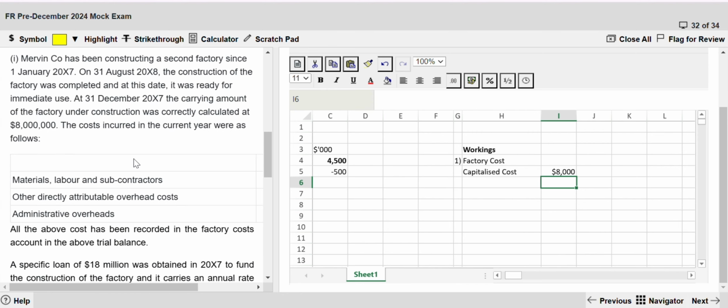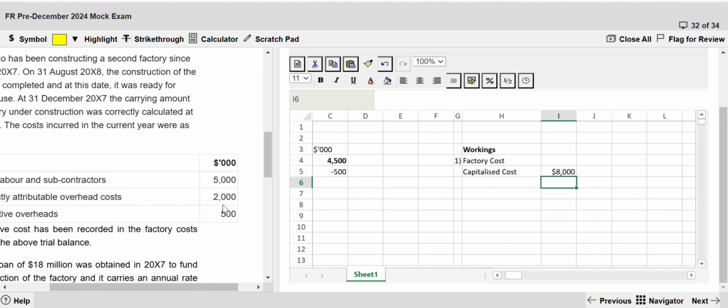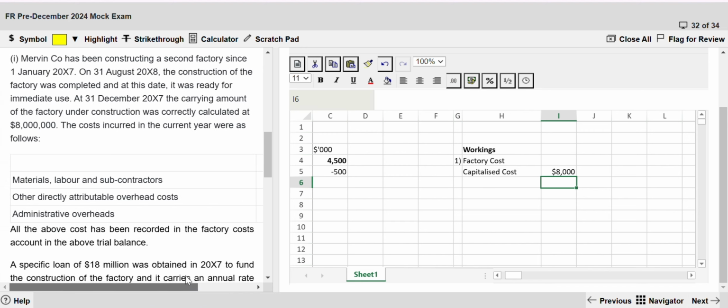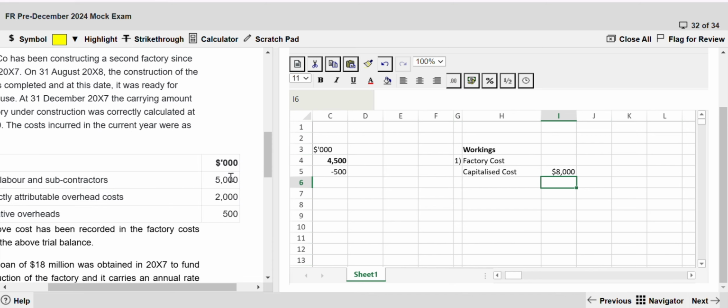Then ഈ വർഷം നമുക്ക് ഉണ്ടായ cost എന്തായിരുന്നു? Material, labors and contractors 5,000 and then 2,000, correct? കഴിഞ്ഞ വർഷം വരെ ഉണ്ടായ കോസ്റ്റ് നമുക്ക് 8 million ആണ്. കംപ്ലീറ്റഡ് ആയത് 31st August 2008 ആണ്. സോ 1st January മുതൽ 31st August 2008 വരെ നമുക്ക് ഉണ്ടായ കോസ്റ്റ് എന്തൊക്കെയാണ്? 5 million ഫോർ മെറ്റീരിയൽ, ലേബർ 2 million. സോ അതും ക്യാപിറ്റലൈസ് ചെയ്യണ്ടേ, റൈറ്റ്? സോ മെറ്റീരിയൽ, ലേബർ ആൻഡ് സബ് കോൺട്രാക്ടേഴ്സ് എത്രയാ? 5,000, correct?